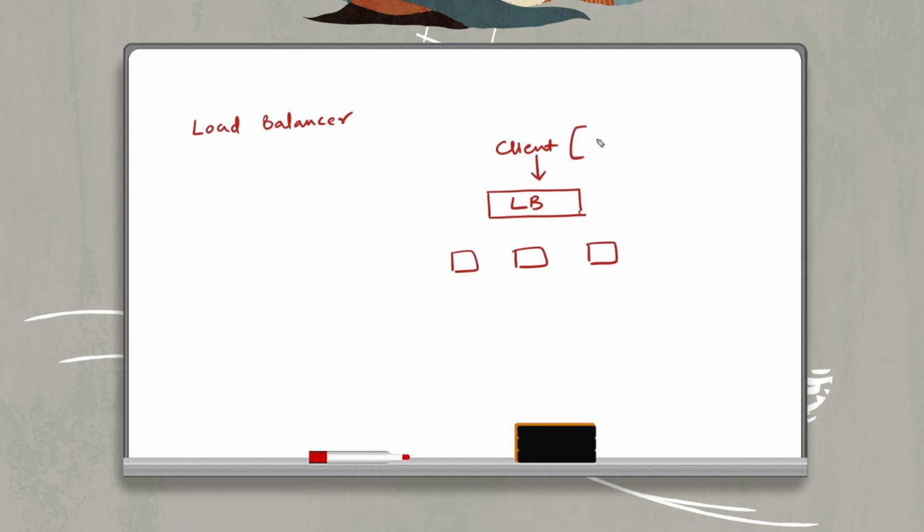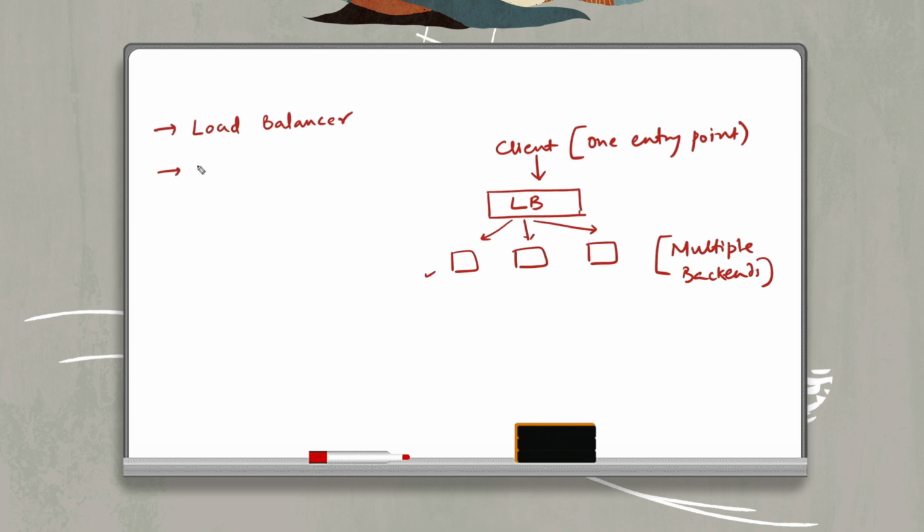So you can think of it like one entry point, and then the load balancer sits in between, and it is going to distribute the traffic to multiple backends. So that means here there are multiple servers or multiple backends. It load balances or distributes the incoming traffic to multiple backends.